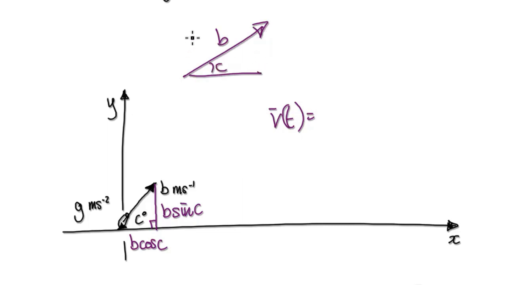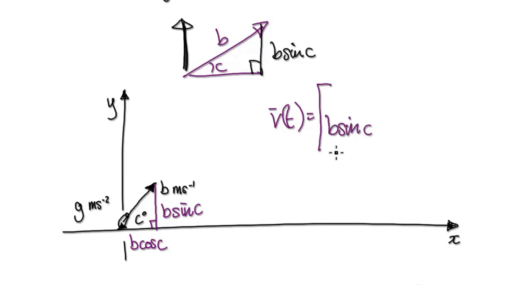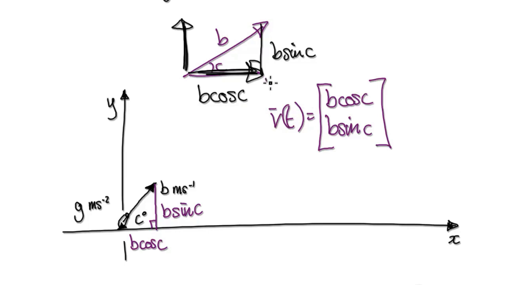So its vertical component will be b sine c, and its horizontal component would be b cos c. So now we've got our velocity vector.